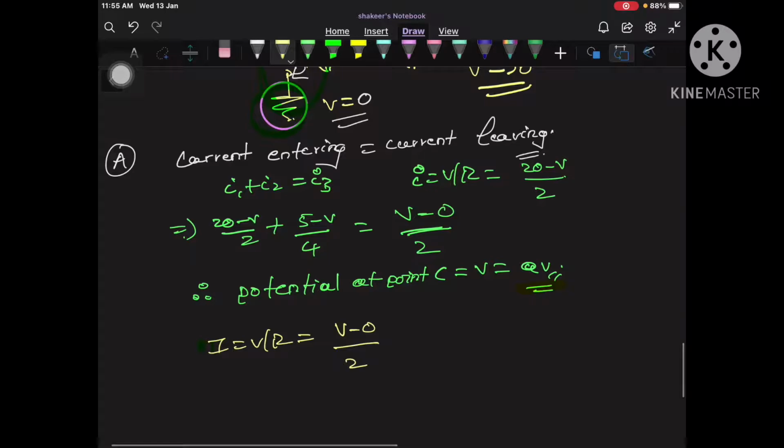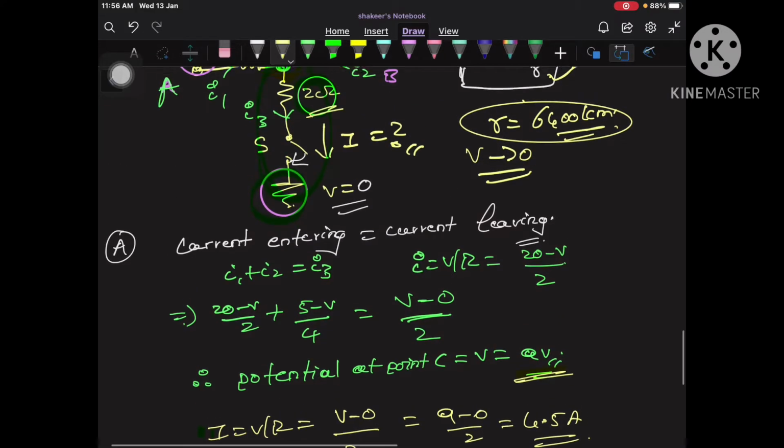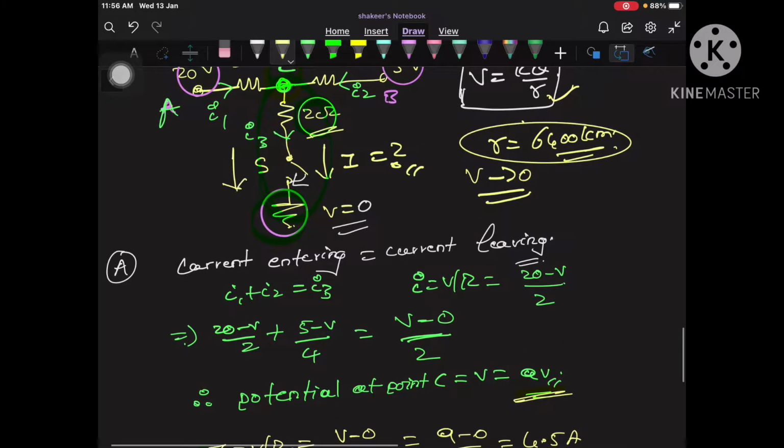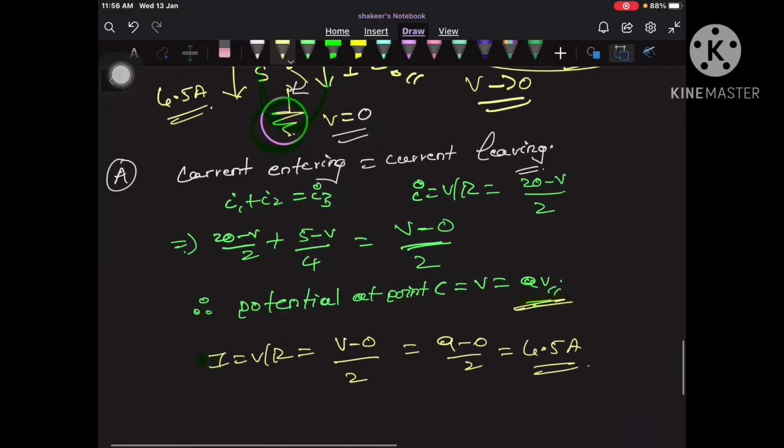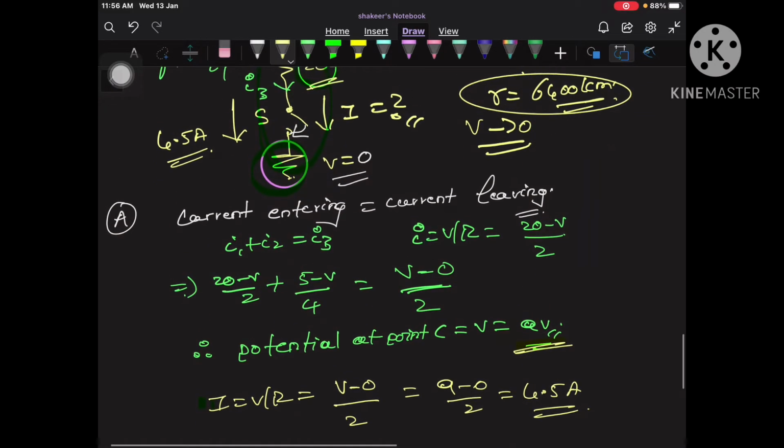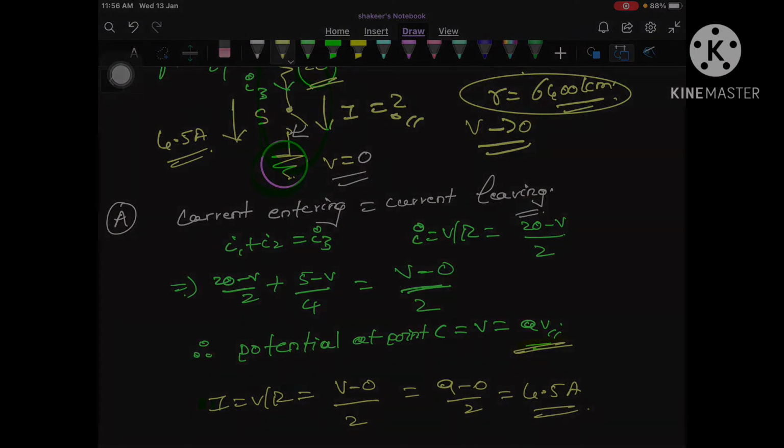This is equal to the I value. And the V value we have already calculated is 9 volts. So 9 minus 0 divided by 2 is 4.5 amperes of current will flow through the switch. Clear? So very simply we have calculated this by using Kirchhoff's current rule.